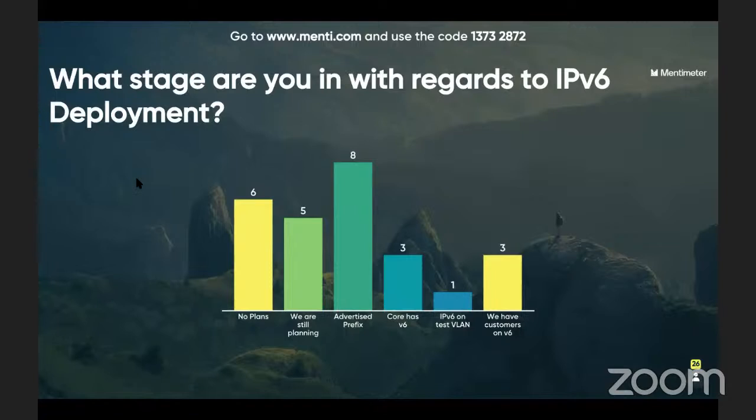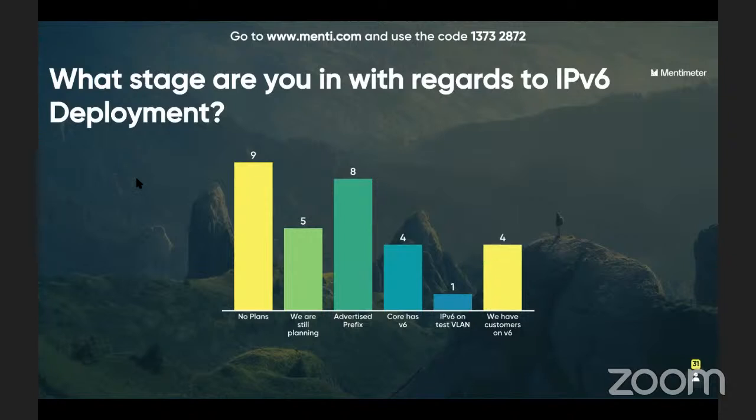So at least most of us have started working on V6, which is good news. And in close second is people with no plans to do V6. I hope by the end of this session, with the knowledge that we'll share, it's going to be easy for you to make a decision to start transitioning to, or start deploying, IPv6.